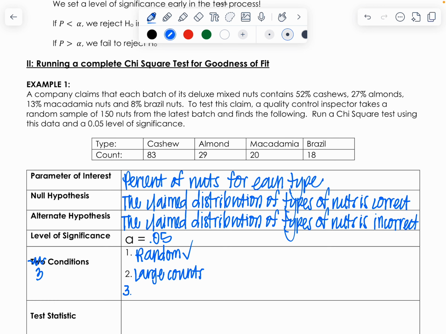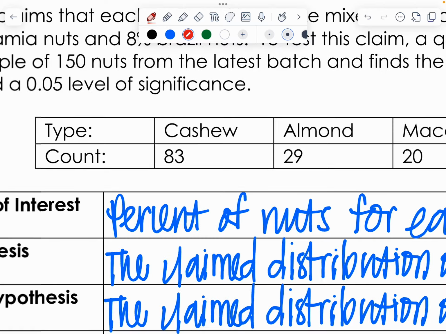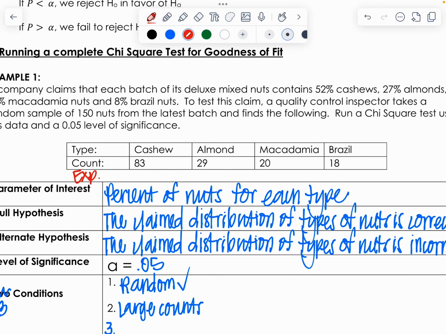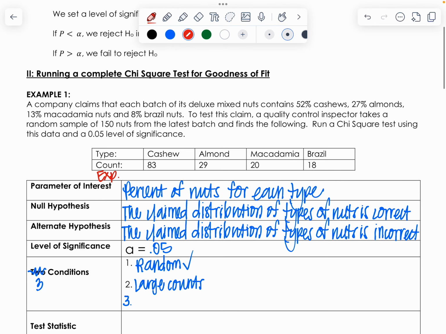All right, and so up here, let's find our expected counts. Right, it said 52% of our samples should be cashews. So I'm going to do 52% of 150. 150 times 0.52.